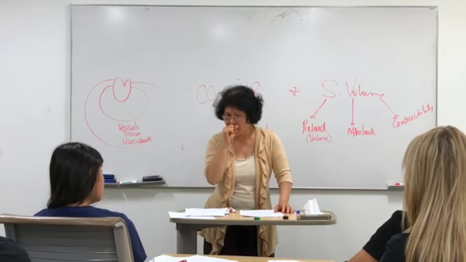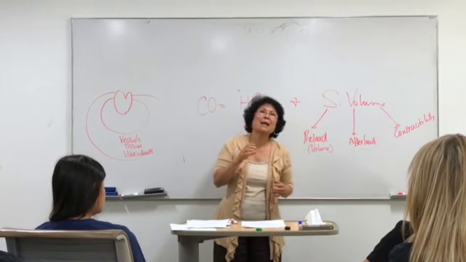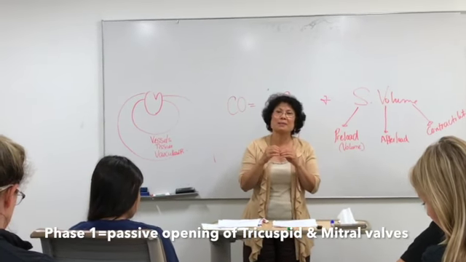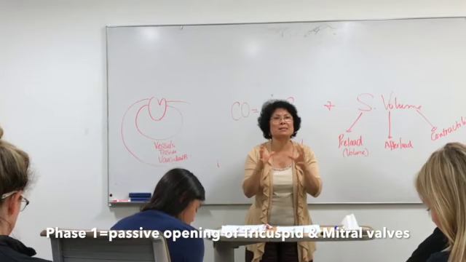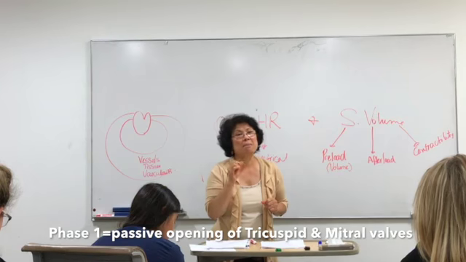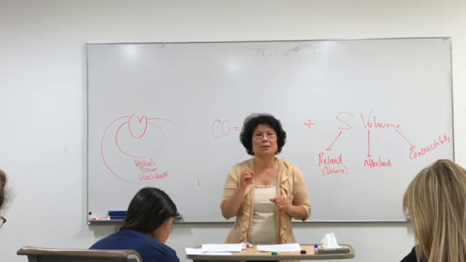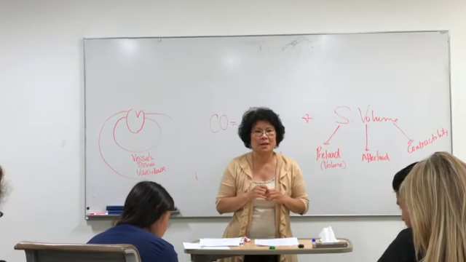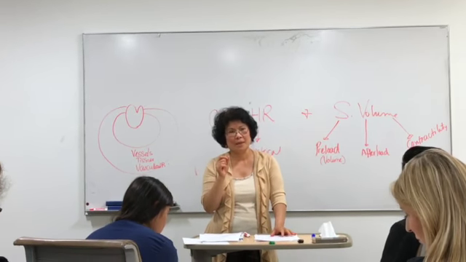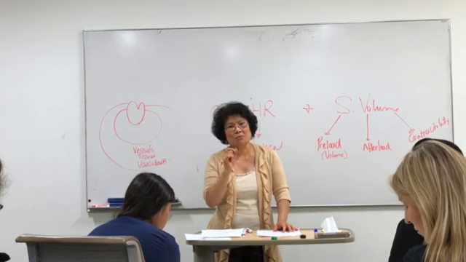The first phase is the passive opening of the tricuspid and the mitral valve. Only the passive opening. And what happens on this, 75% of this blood goes to the ventricles. There's still a remaining 25% in the atria. So that is your phase 1.